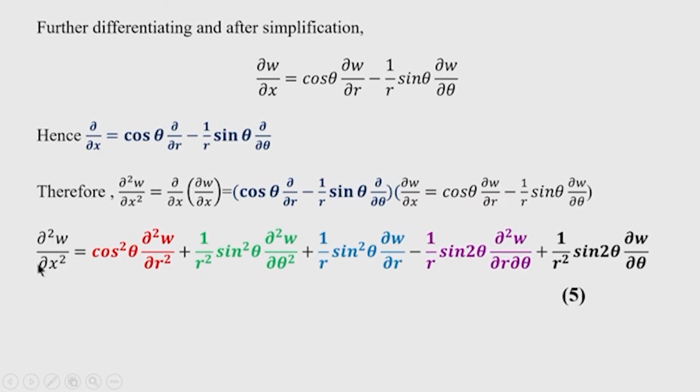In the polar form, there are 1, 2, 3, 4, 5 terms. Let us take the first term, which is marked with the red color: cos square theta del square w by del r square in equation 5.